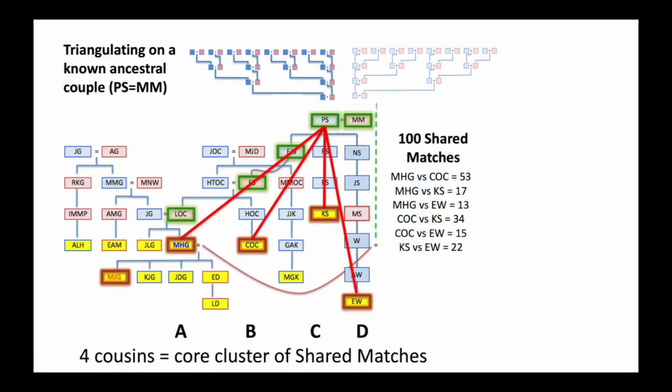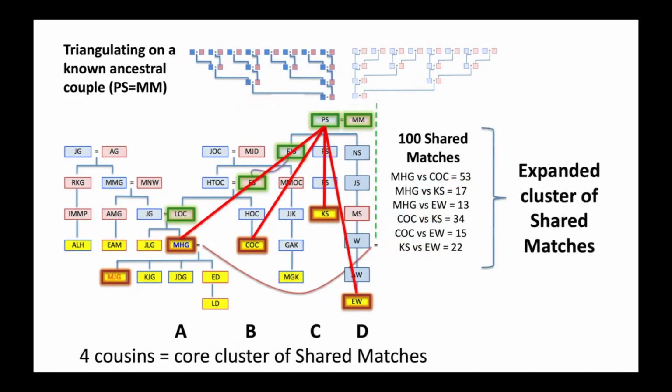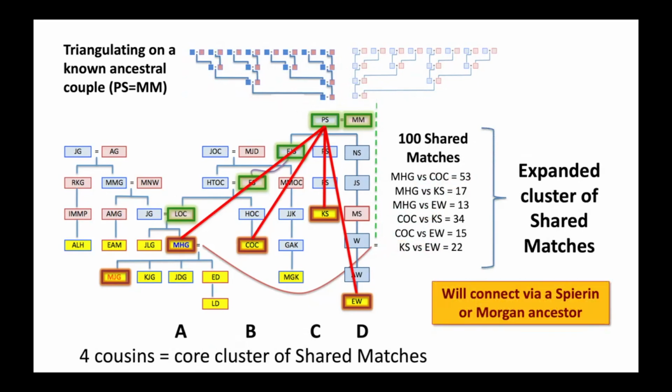And I wrote 100 individual emails to each one of those 100 matches. And I got a 50% response rate, which was pretty good. And that allowed me to break through not on the Spearin side of my family, but on the Morgan side of my family, which I wasn't expecting. I was interested in the Spearins, but I actually got Morgans.